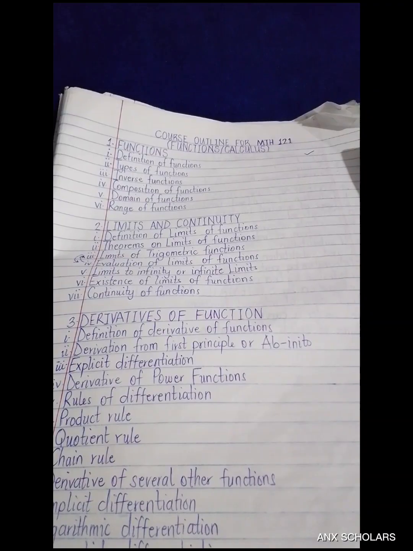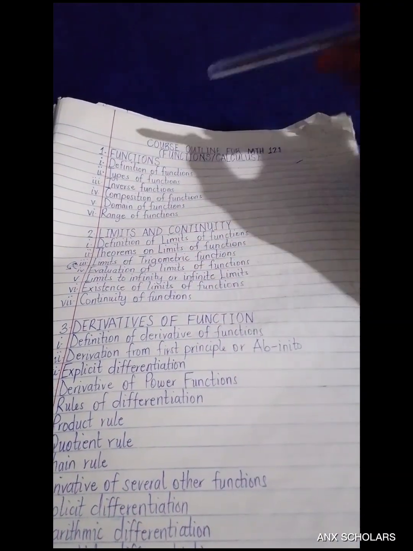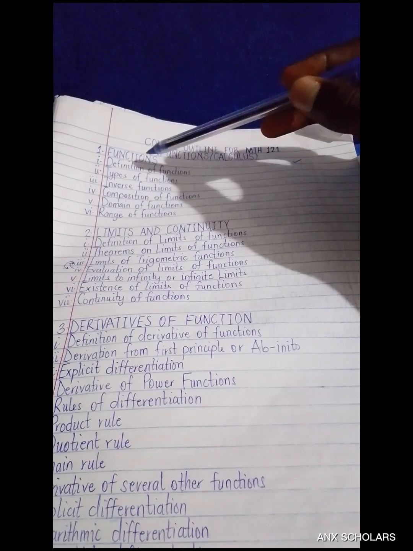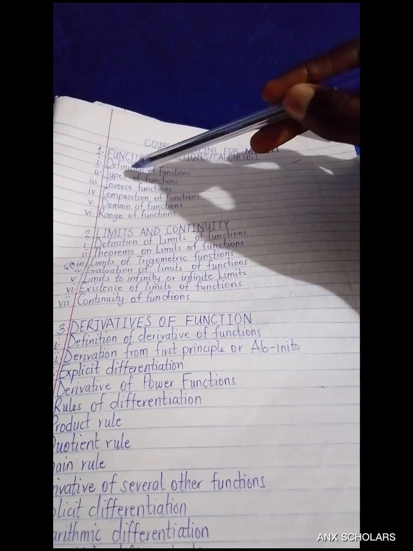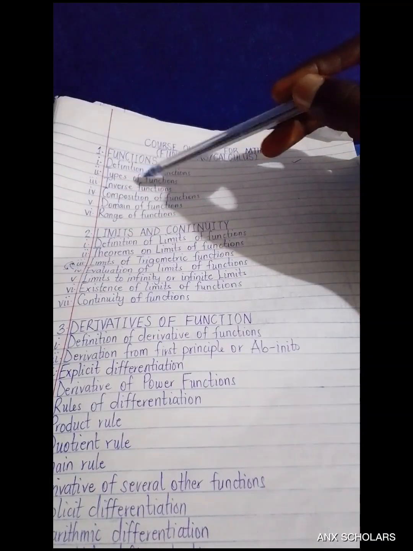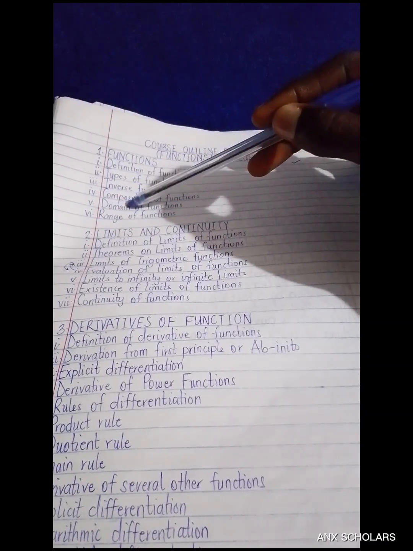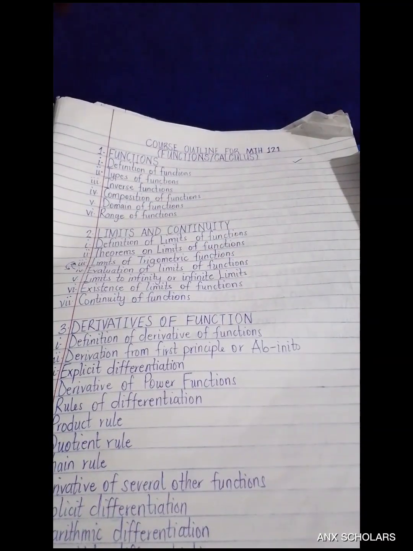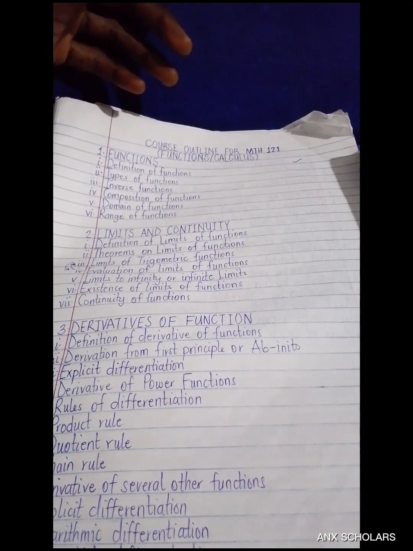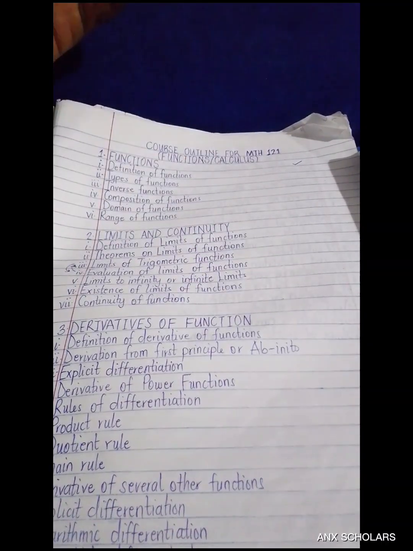So, this is the course outline you're seeing here. Starting with functions, we have definition of functions, types of functions, inverse function, composition of functions, domain of functions, range of functions. Basically, I'll be talking about this first, then this later.